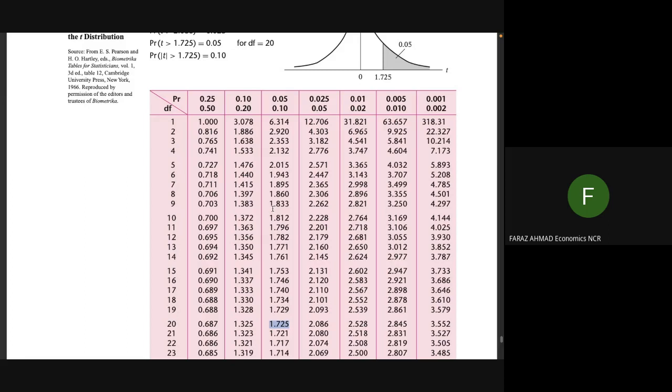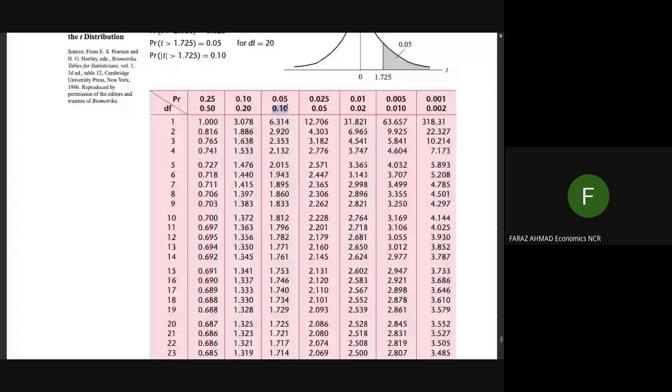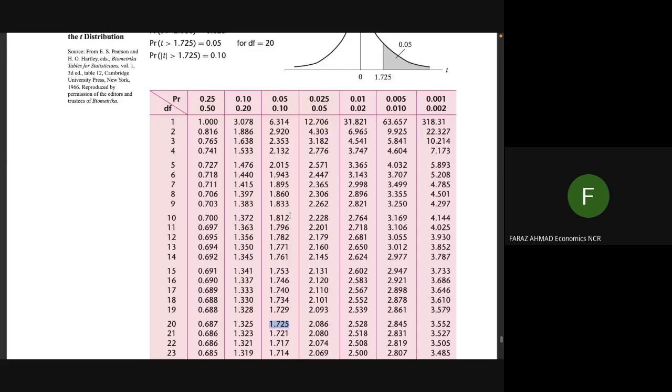These t values are also for 10% area in both the tails, right? So you have to understand why there are two probabilities here. We have a 5% and a 10% area in the tails. And for 20 degrees of freedom, it is 1.725, which corresponds to both 5% and 10%.